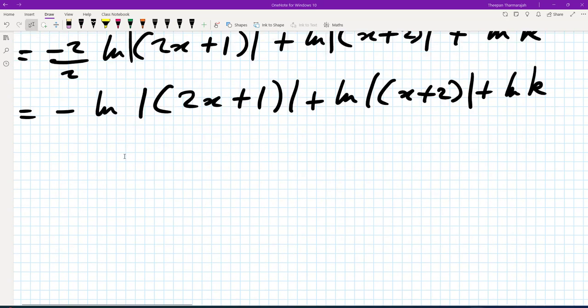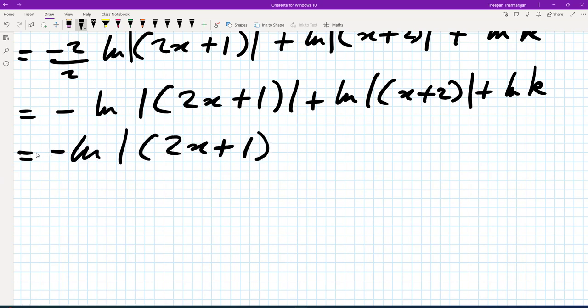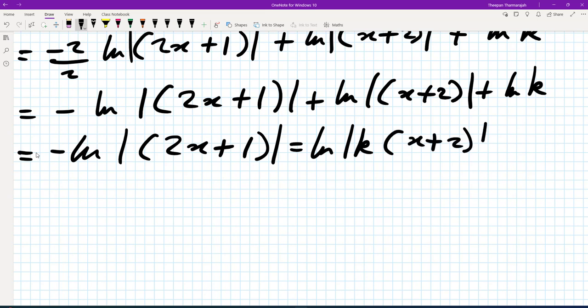So we can use the laws of logs here, so we can say that minus ln mod 2x plus 1 is the same as ln. When you add logs, you can times them, so you get mod k times x plus 2, and then there should have been an equal sign here. We've got a plus sign here.